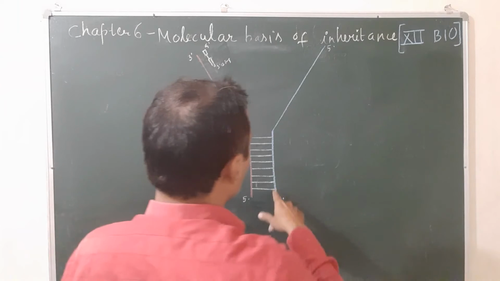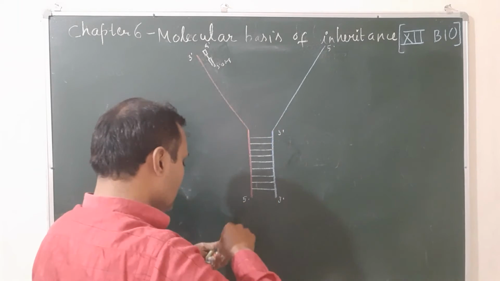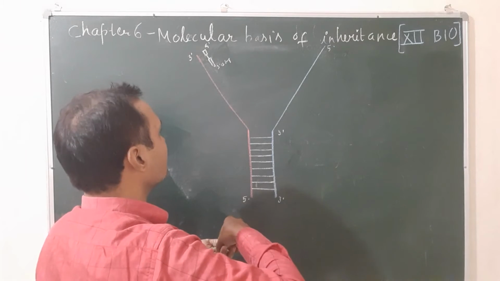Here also 3' will be there. In this strand, 3' will be this side, and here a new primer is also synthesized.